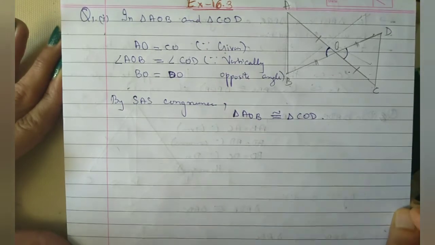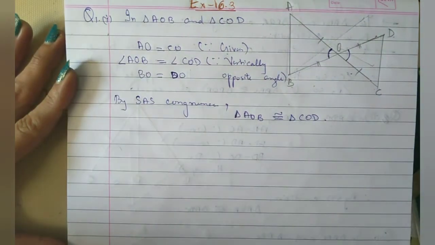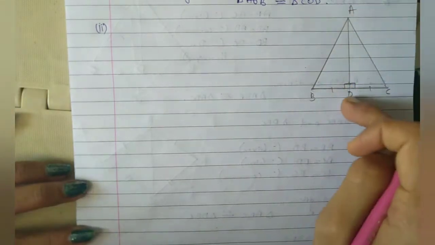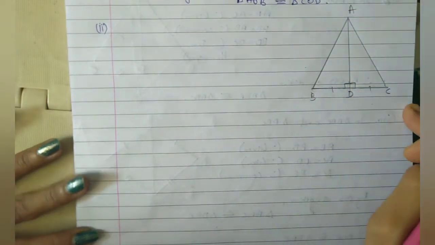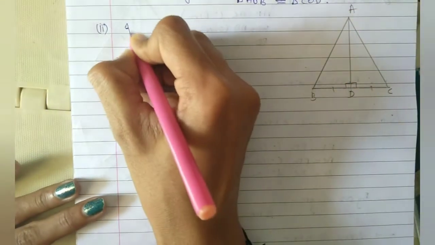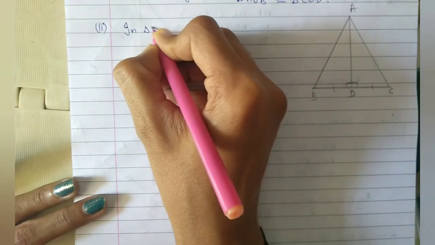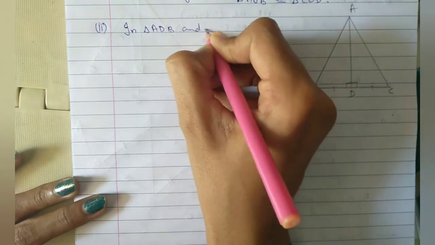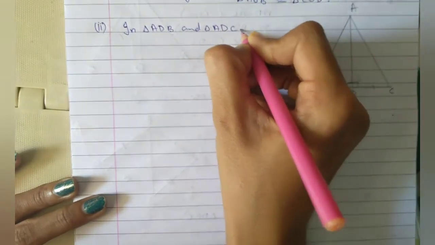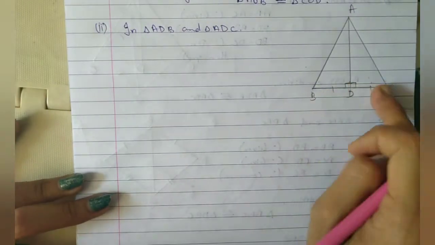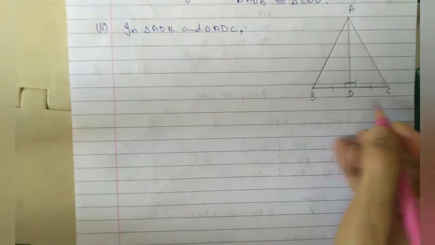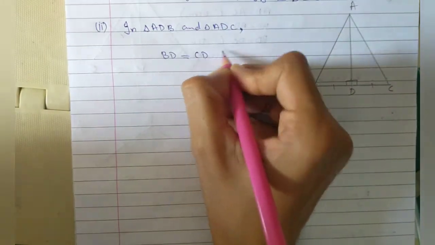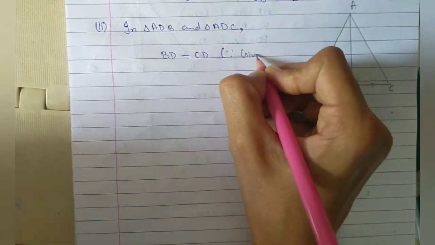Okay, now let us see the second one. Second one, same, we have to prove triangle ADB and triangle ADC congruent. So first of all we will write, in triangle ADB and triangle ADC, two triangles we have. One we had given, BD equal to CD, that is given.